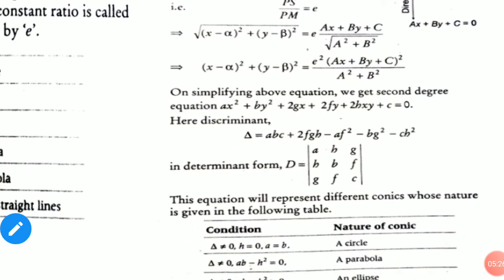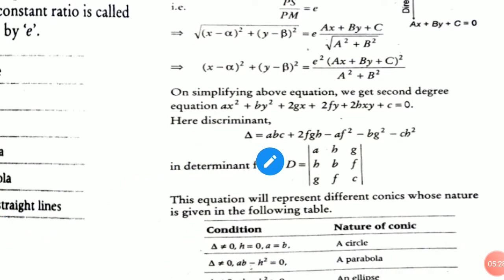You have to calculate a determinant. The formula for the determinant is abc plus 2fgh minus af square minus bg square minus ch square.